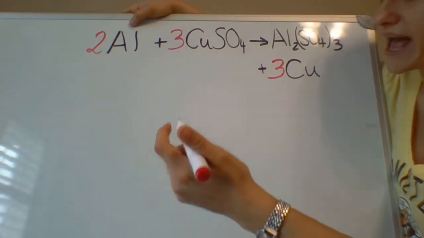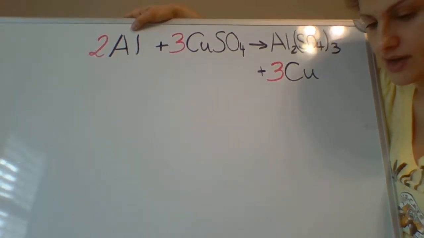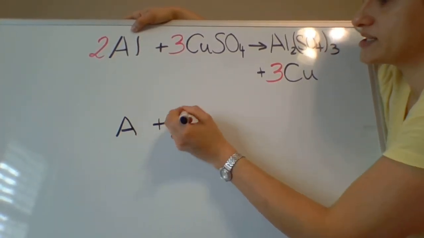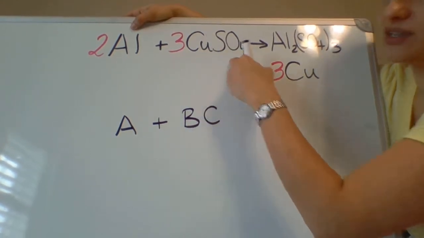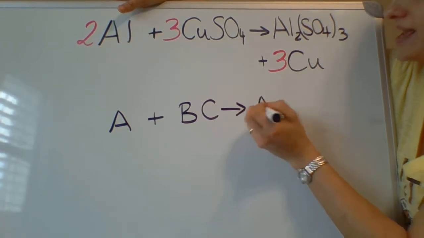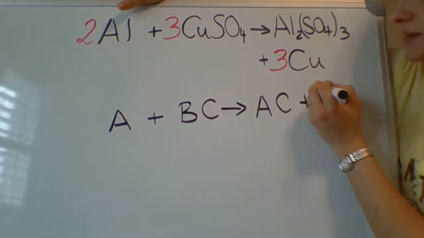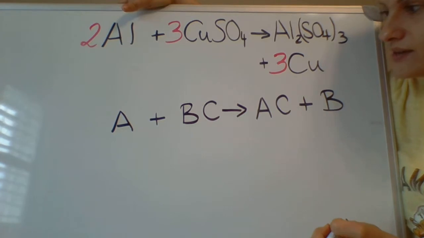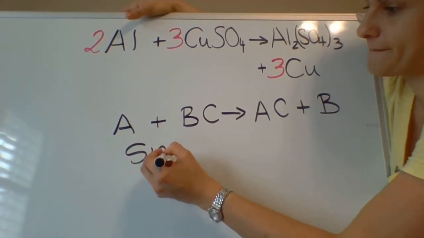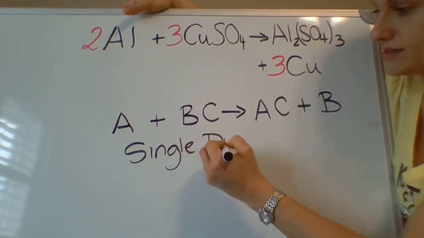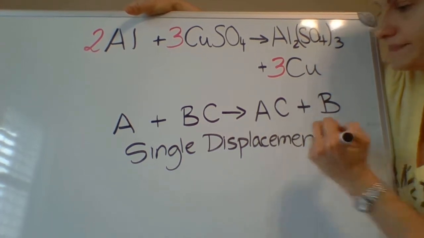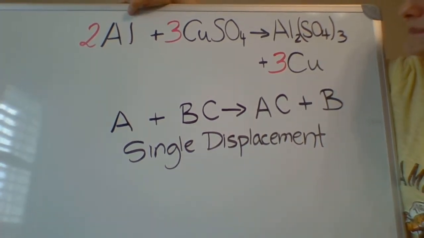It looks like we have the form of A plus BC, copper sulfate, to give us AC plus B. And I'm hoping that this rings a bell and it looks like a single displacement reaction. Okay?